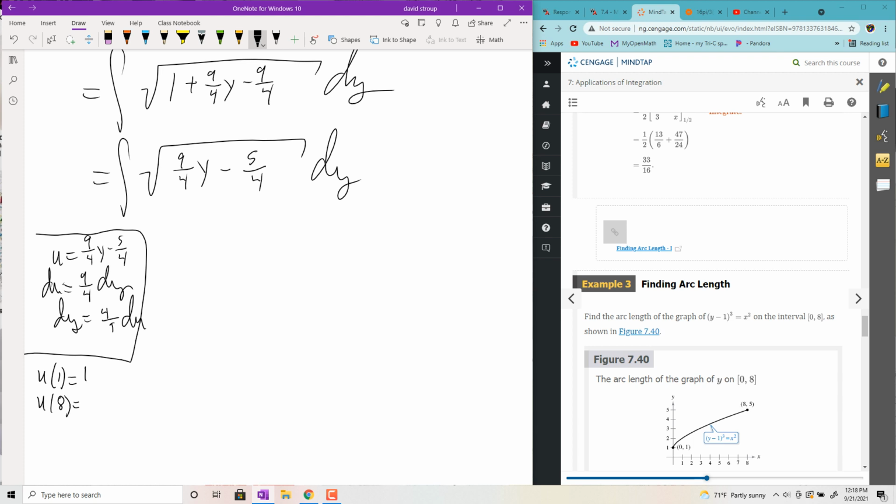Seems like it worked out real nice last time. Oh, it's to 5, sorry. So yeah, that would be 45/4 minus 5/4, which is 40/4, which is 10.